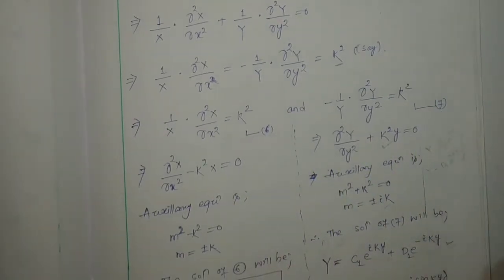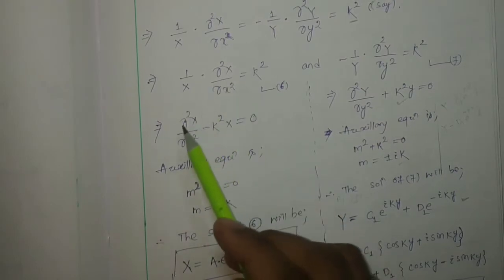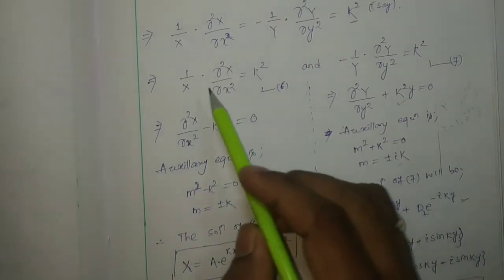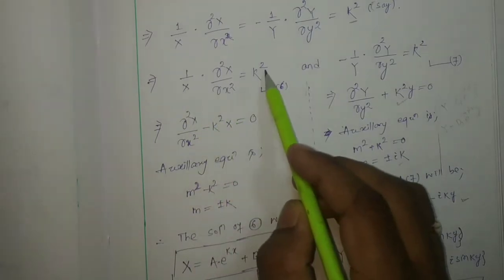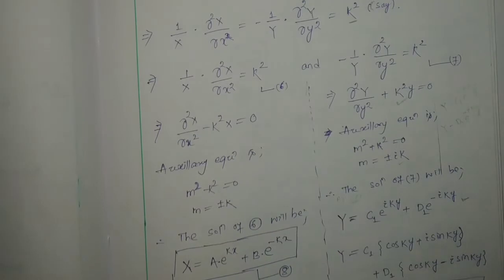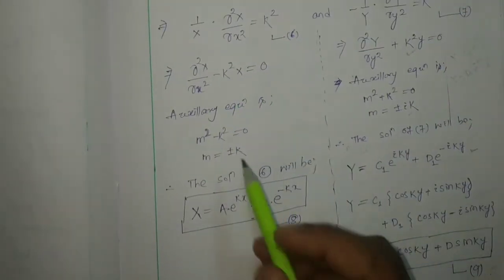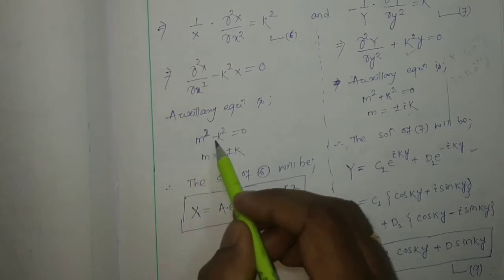Now here you can see that this equation will be del square x by del x square. Just multiply x with k square and take it to this side: del square x by del x square minus k square x equal to 0. Now the auxiliary equation of this second order differential equation will be how much? M square minus k square equal to 0.